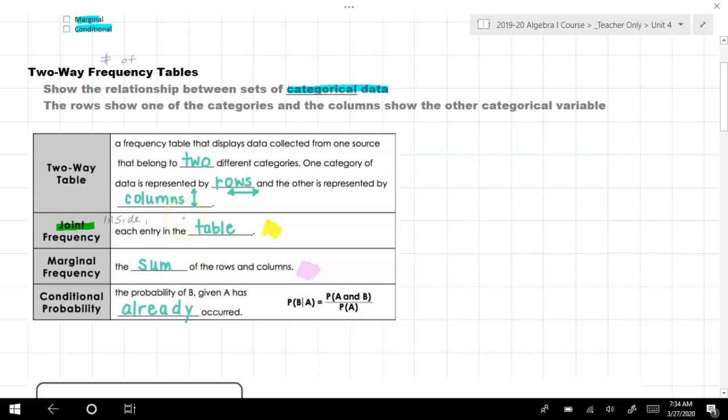Joint, they both have. So this is an inside number in the table. So it's each entry in the table. So it's the number that belongs to both categories.